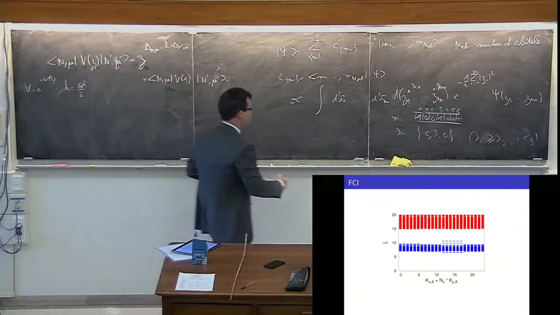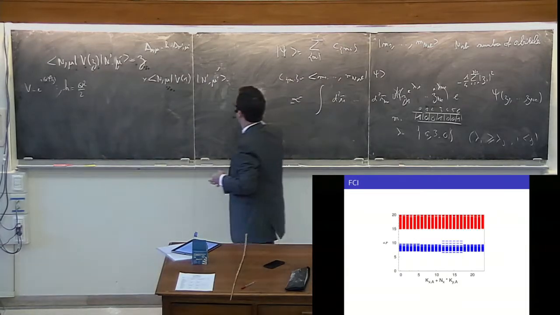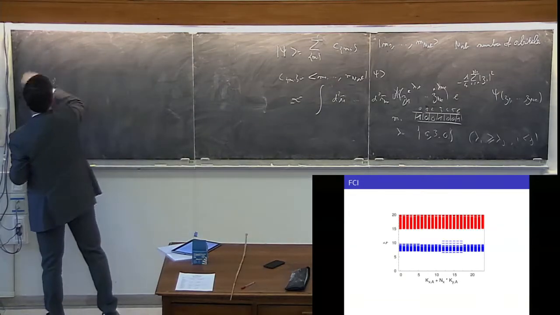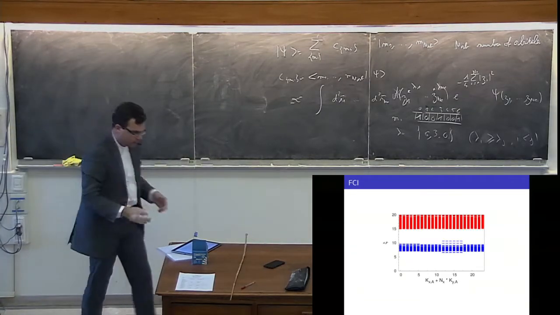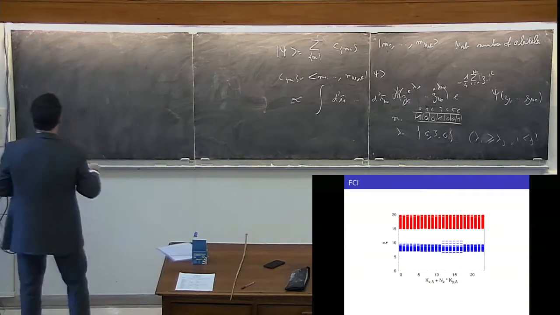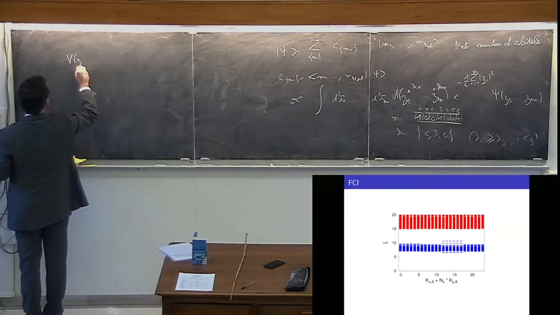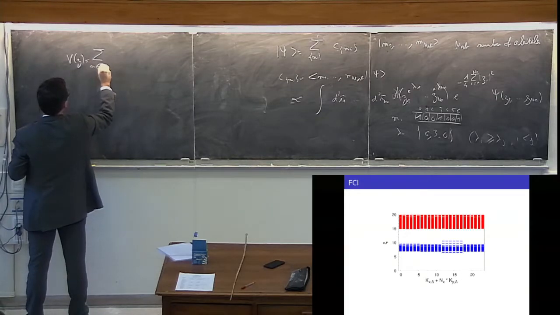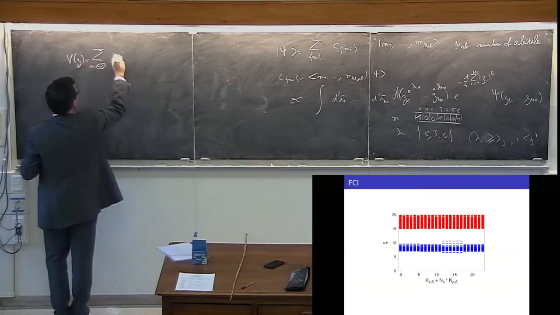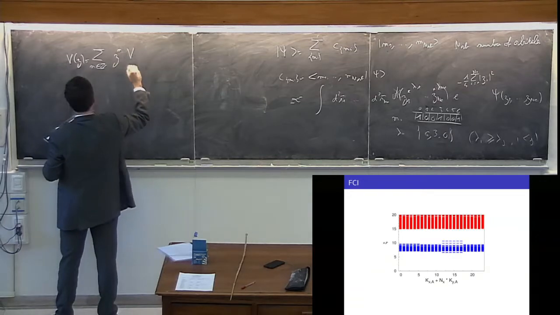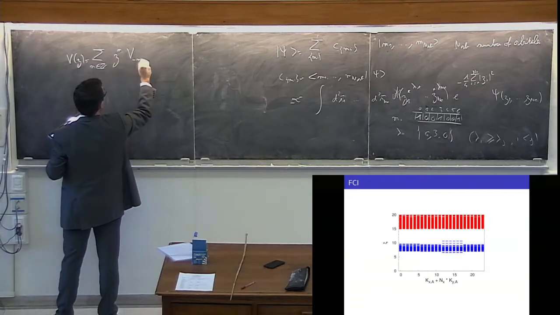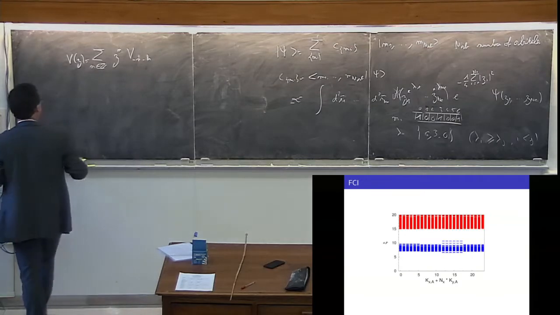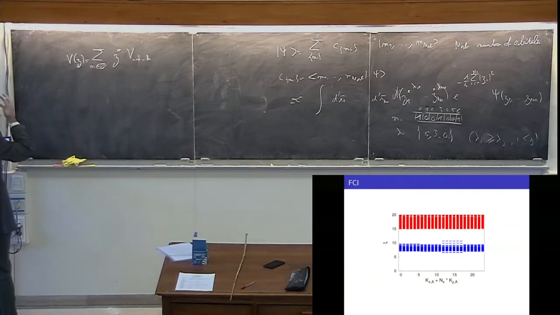Another way to do that is to say, okay, let's decompose my vertex operator into modes: the sum over all n of z to the power n times V_n, h. So just the mode decomposition of the vertex operator here.